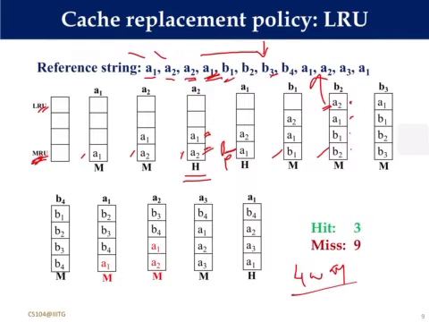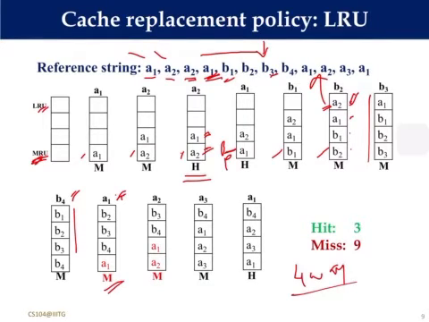A2 is not used for the longest amount of time, so it will be replaced. Then this will be the content of the cache. Similarly at this place A1 will come, B4 will come, then A1 is referenced, but A1 is not present in the cache, it happens to be a miss.